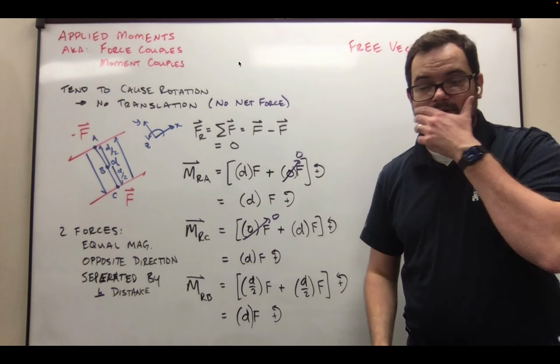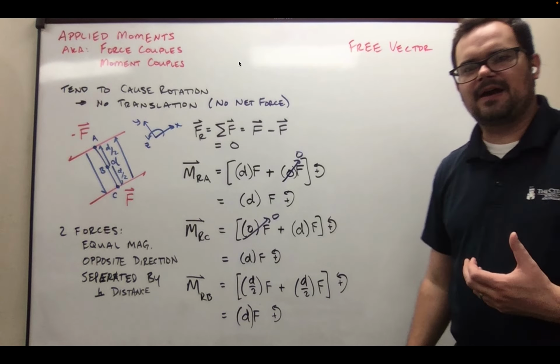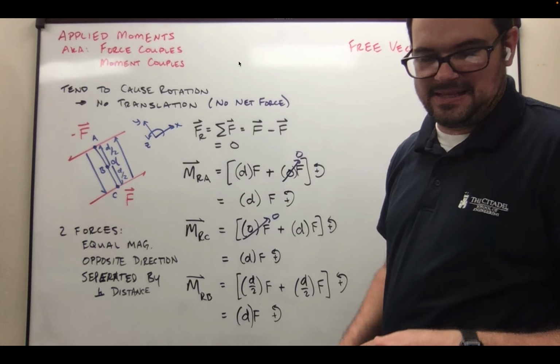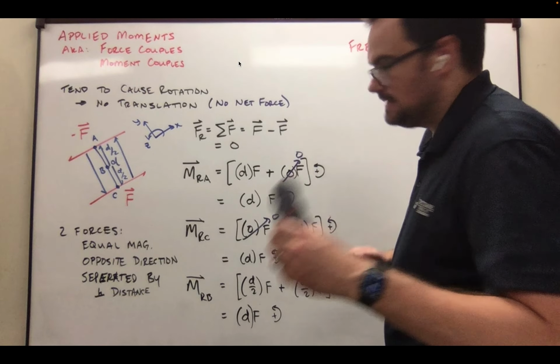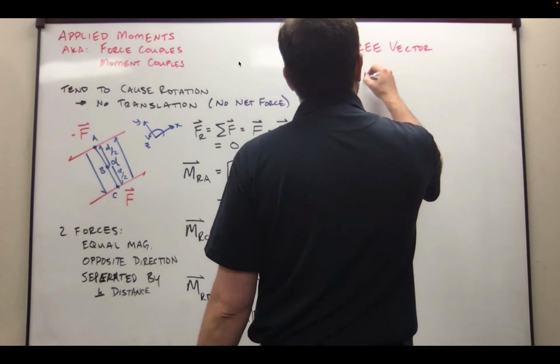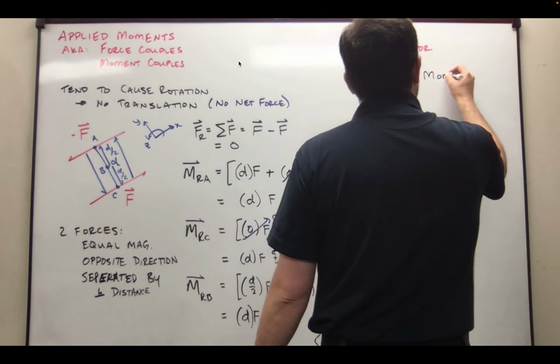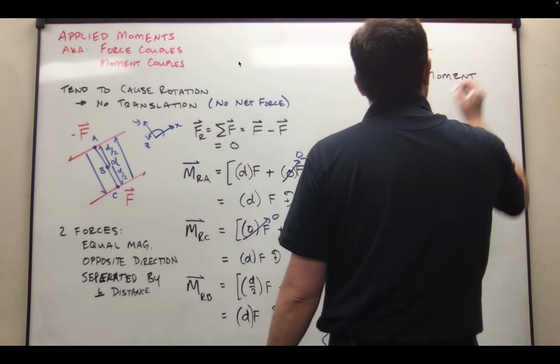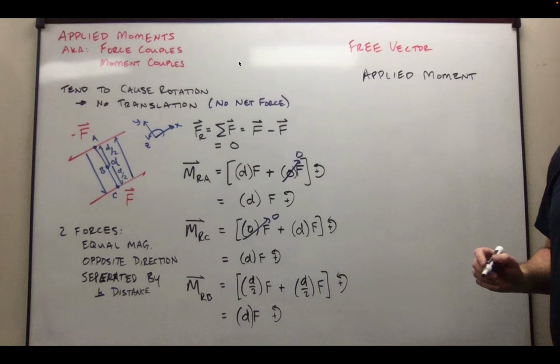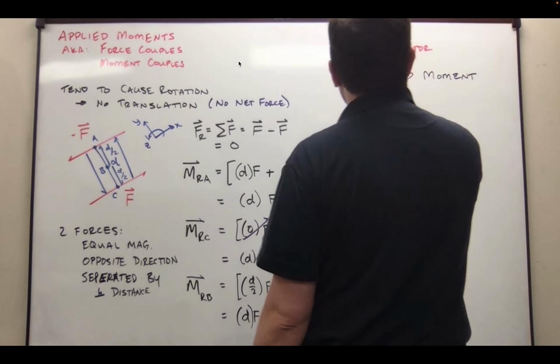We'll talk about a little demonstration that you could maybe find a friend and do together. But the idea is that an applied moment, or a moment couple, or a force couple, is going to have the same tendency to cause rotation.